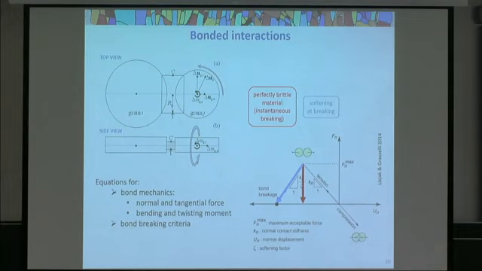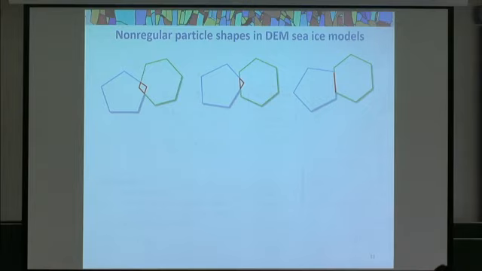So in my simulations I use some softening factor which effectively leads to the breaking event being not infinitely fast, but taking place over a certain time span. So there are, as you can see, a lot of parameters to play with when we try to set up the model for any particular application.